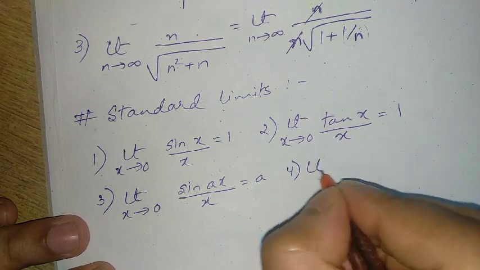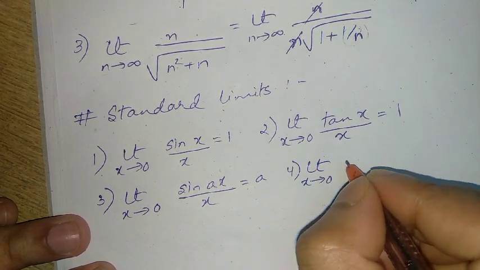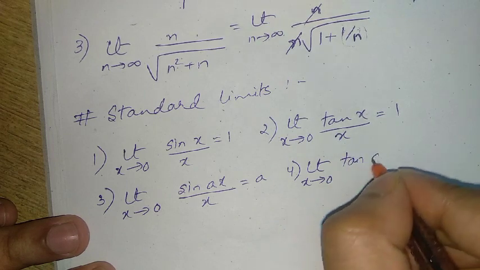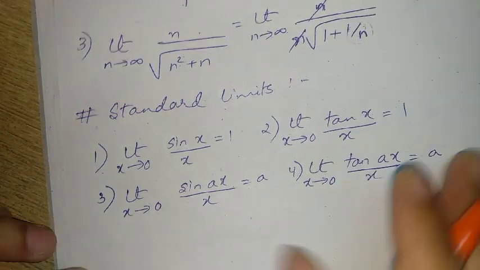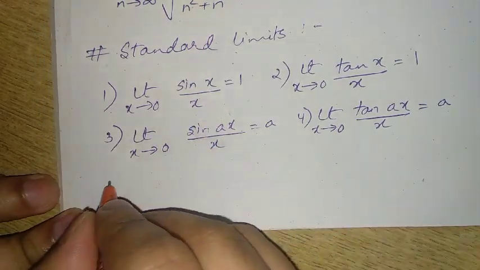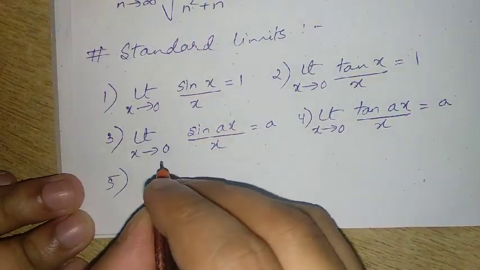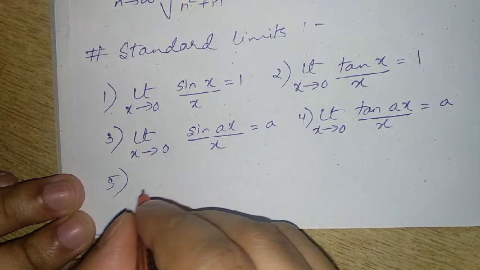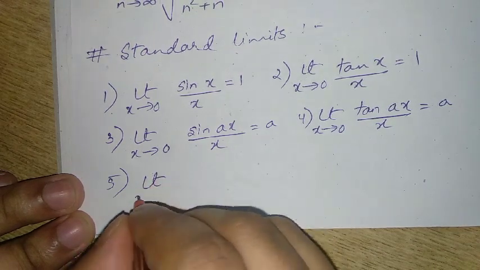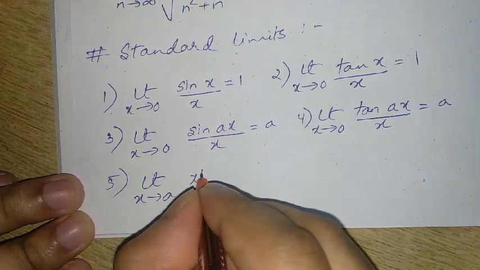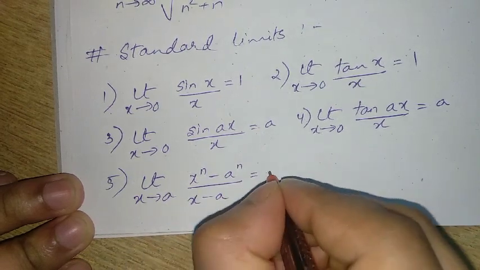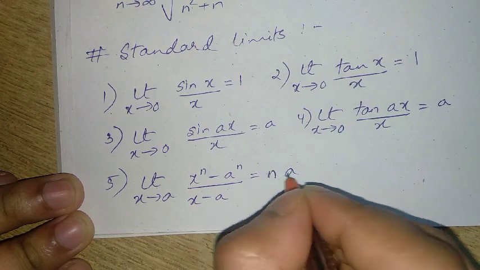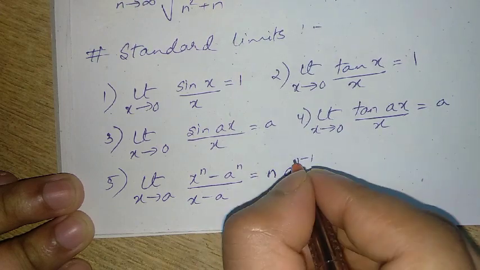In the fourth formula, limit x tends to 0 tan of ax divided by x is equal to a. And next is the fifth formula: limit x tends to a, x to the power n minus a to the power n by x minus a, is equal to n into a to the power n minus 1.